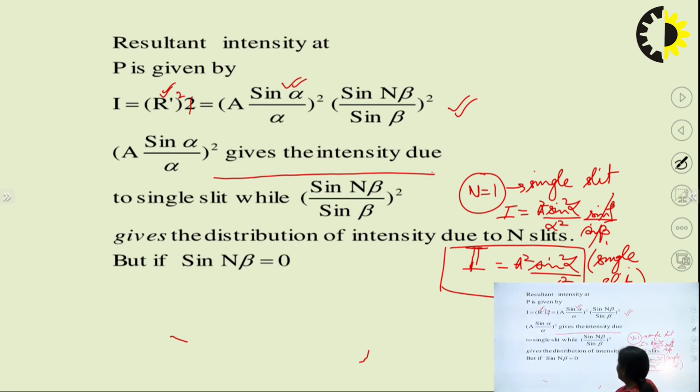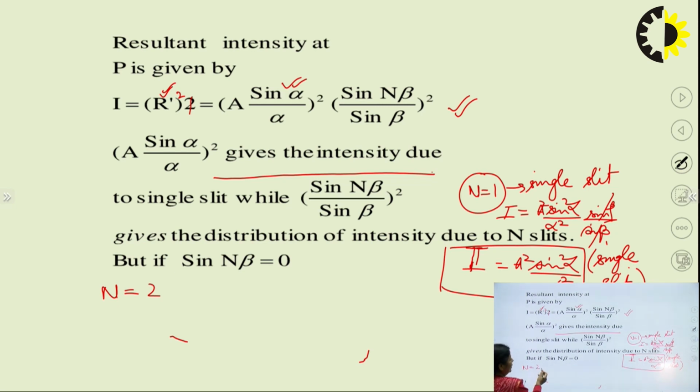We can try it for 2 slits also, a double slit. We just have to substitute N equal to 2. I am discussing this just so that you can see how the intensity expression is valid for a single slit, for a double slit, and of course for N number of slits.